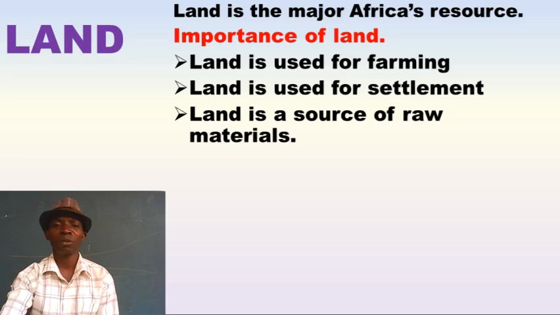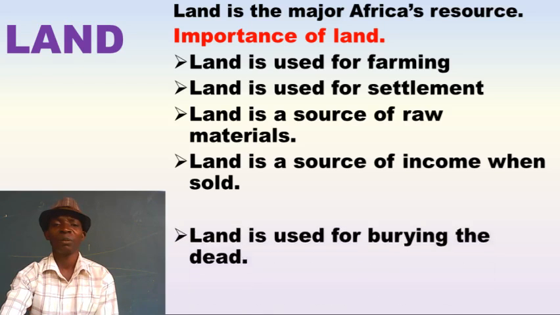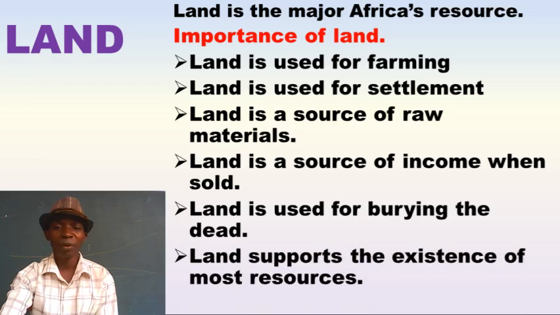Land is a source of income when sold. You know that people sell land and get money. Land is used for burying the dead. When we die, definitely we shall be buried on land. Land supports the existence of most resources. Most resources are found on land.